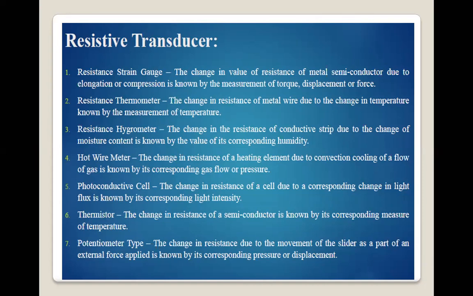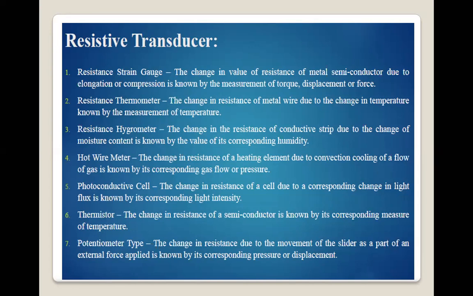Next one is the resistive type of thermometer. That means a change in the resistance of a metal wire due to a change in temperature is used for the measurement of temperature. Using a resistive transducer, you can measure the change in temperature.